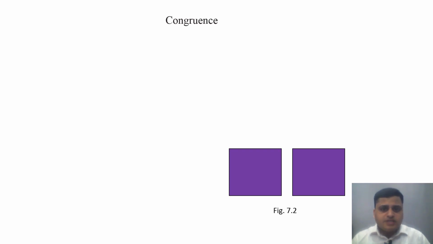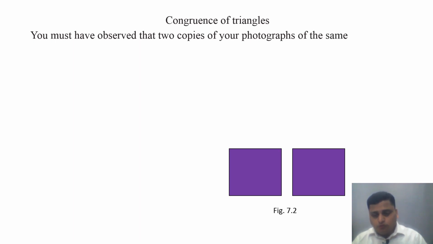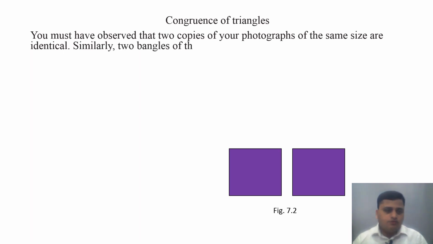Now, congruency of triangles. What do you mean by congruency of triangles? You must have observed two copies of your photograph of the same size, which are identical.